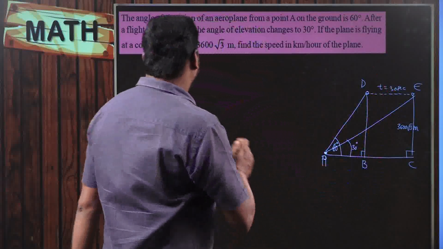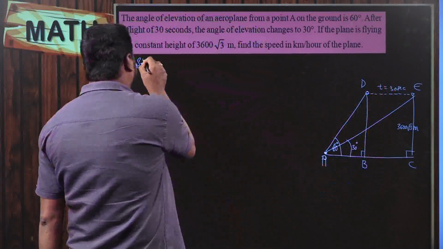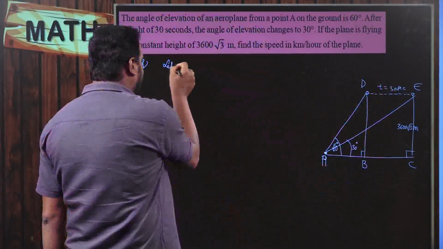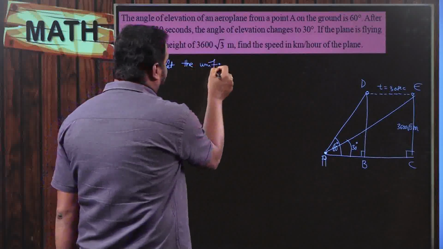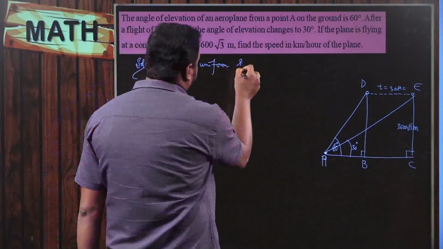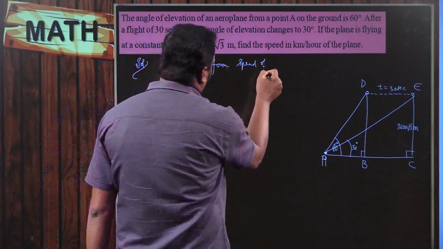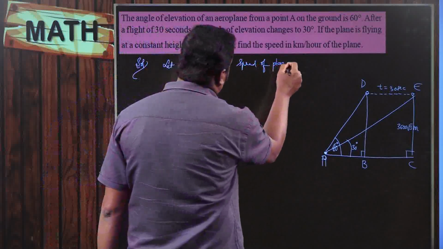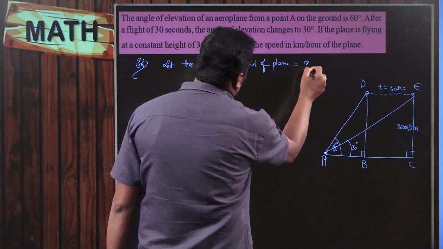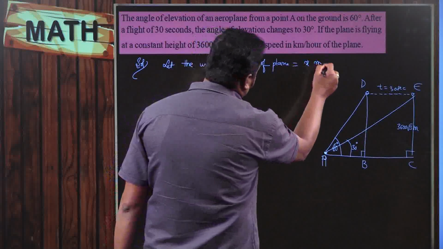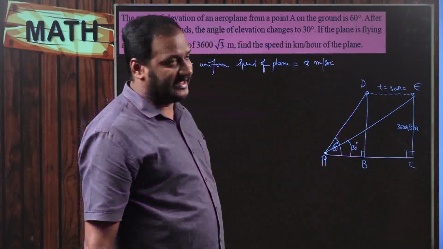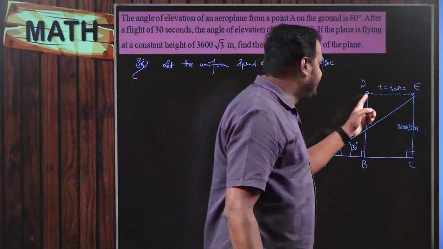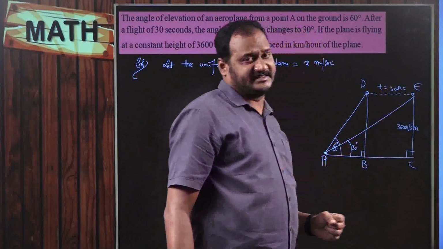So let the uniform speed of the plane be x meters per second. That is the speed of the plane. Now from D to E the time taken is 30 seconds.